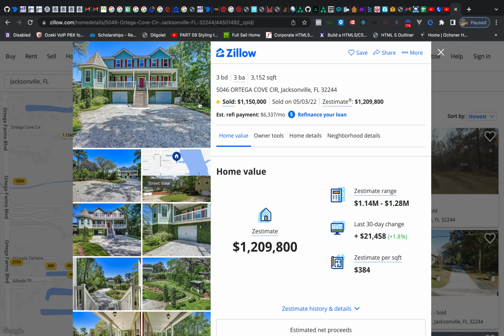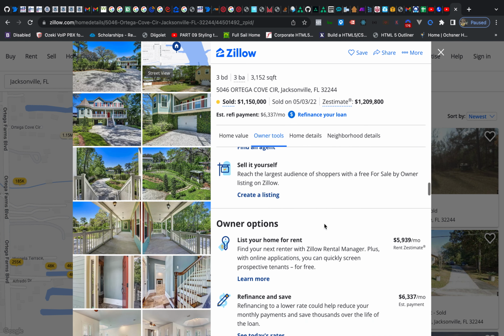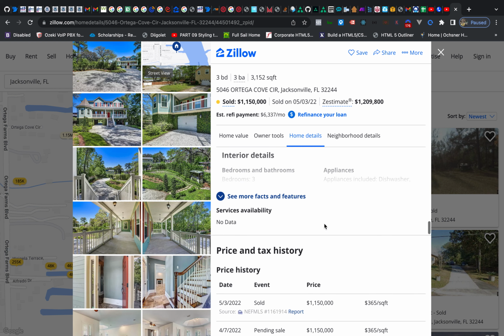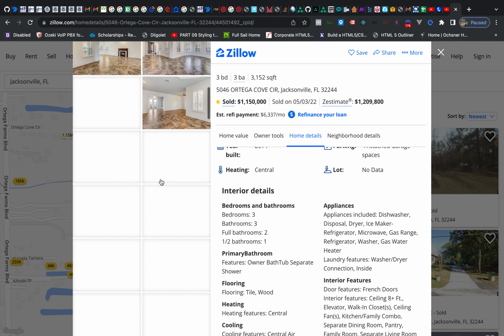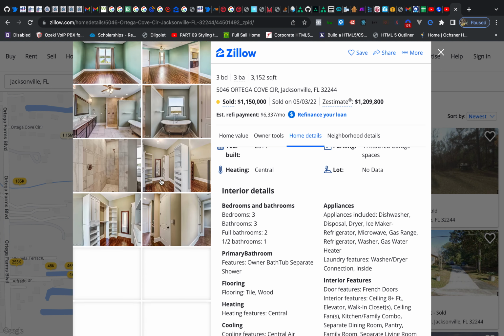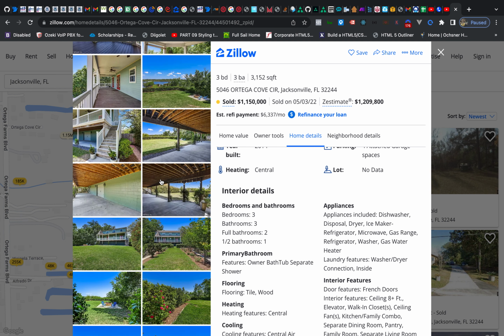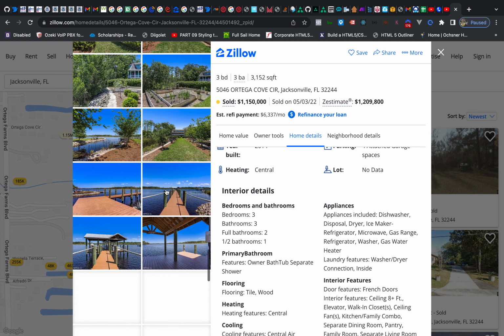Okay, this one is a 3,000 square foot house. The house itself is already $600,000 worth, right? And it's sitting on a, what's the lot size? They don't have data for it. Okay, which makes it tough. But regardless, a 3,000 square foot house is evaluated to be around 600 to 700,000.